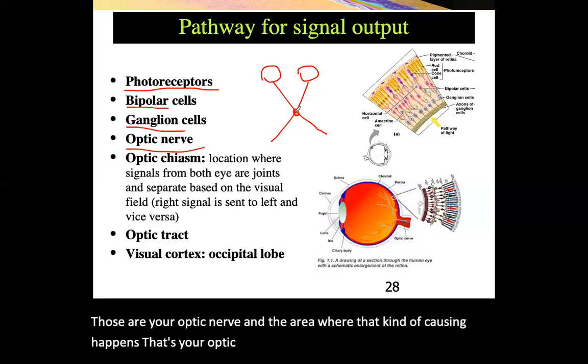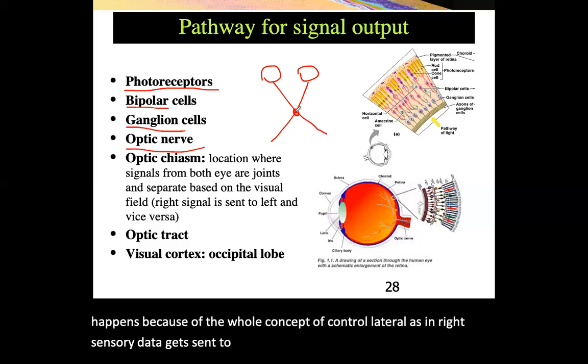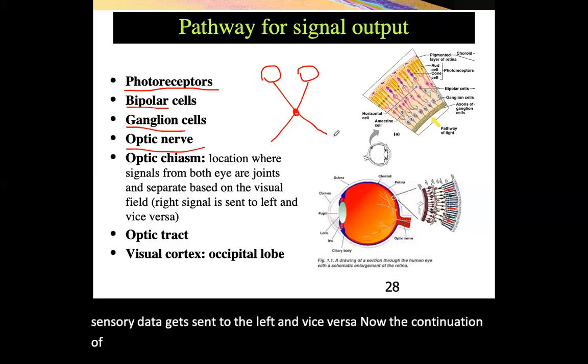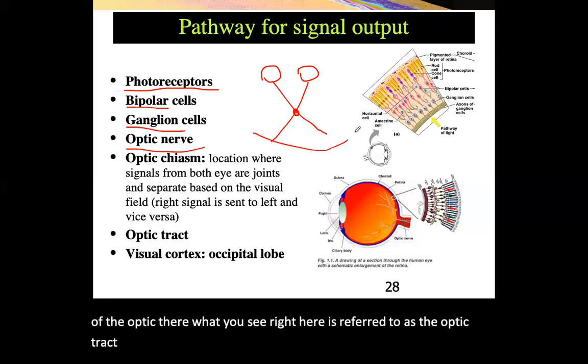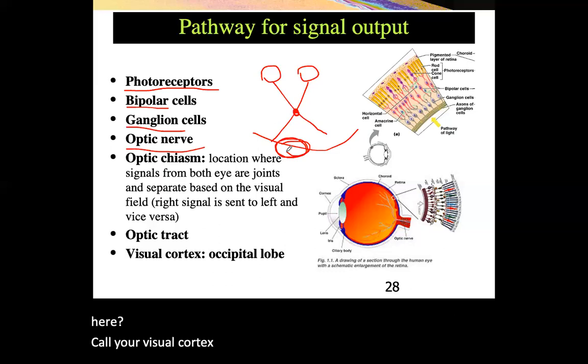Do understand that this crossing happens because of the concept of contralateral, as in right sensory data gets sent to the left and vice versa. Now the continuation of the optic nerve, what you see right here, is referred to as the optic tract, and that eventually ends in the back of the brain, which is right here, called your visual cortex, located in the occipital lobe.